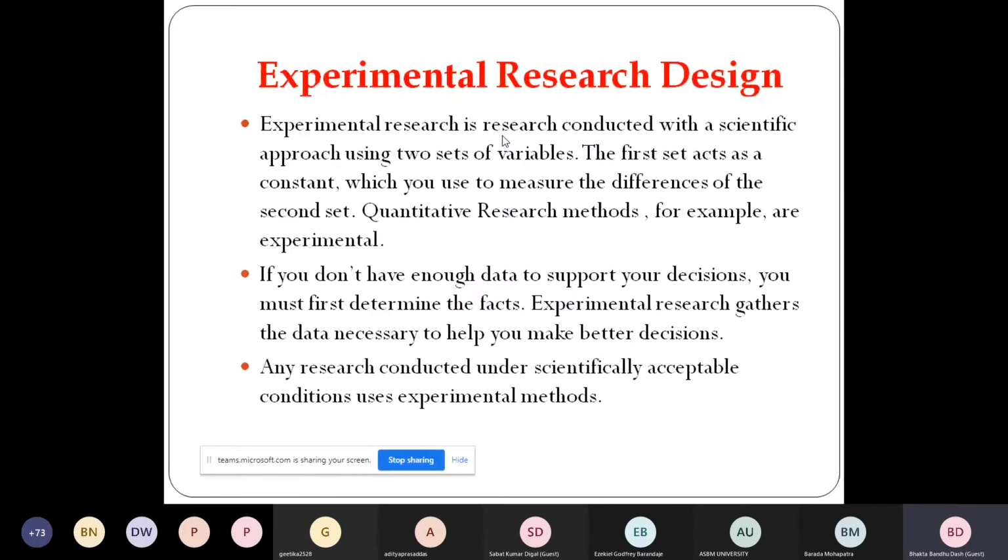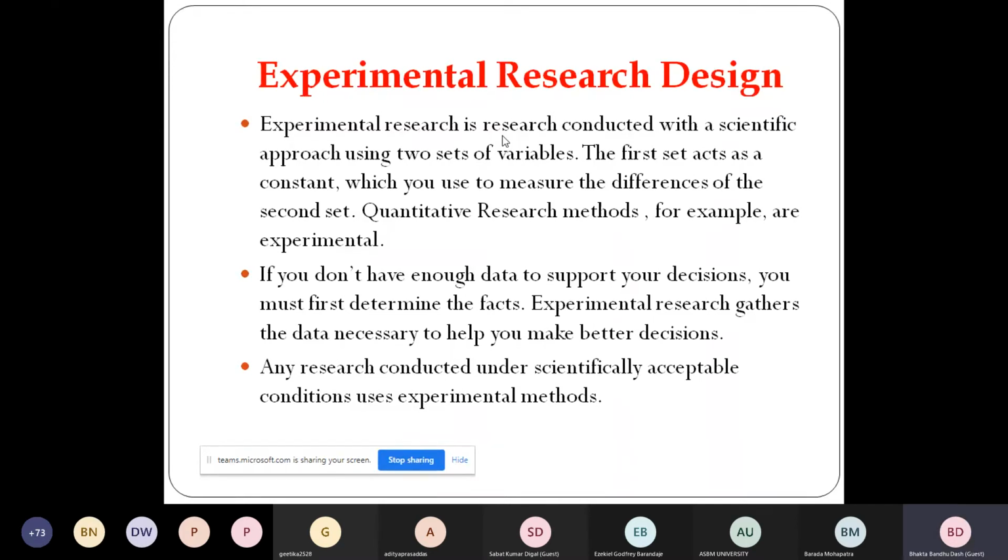And the most important, what exactly you are undertaking, that's your experimental research, which is conducted with a very scientific tone, which is being taken care of under two variables. The first acts like a constant, which is used to measure the difference of the second set, the independent and the dependent play.